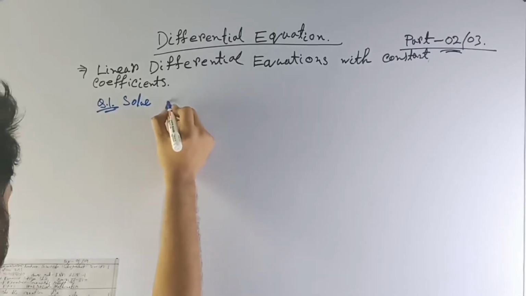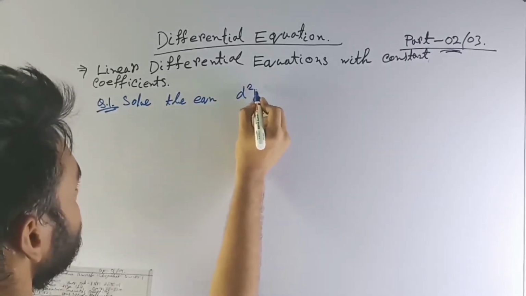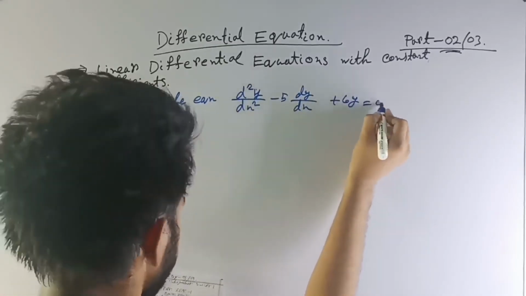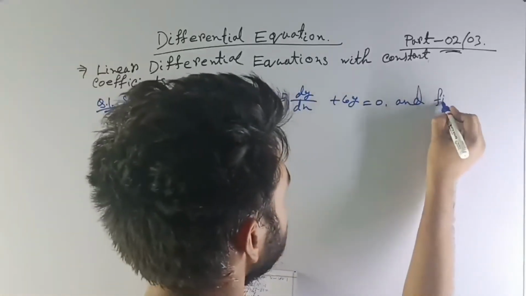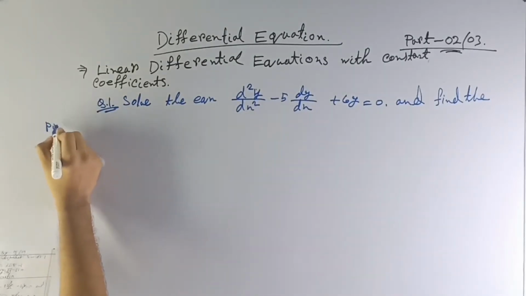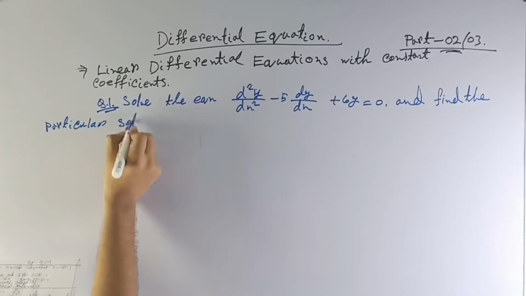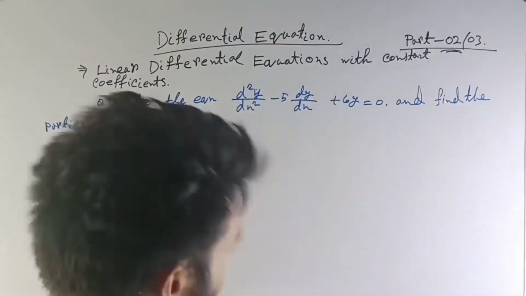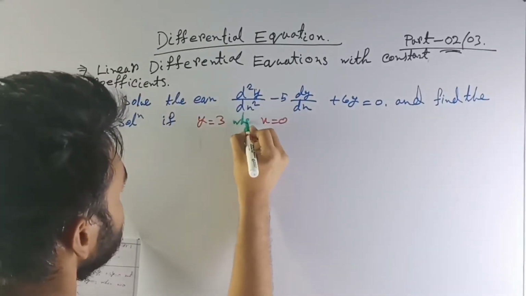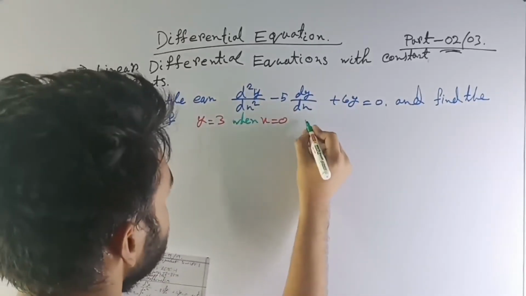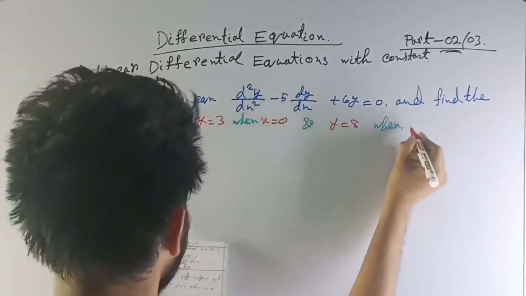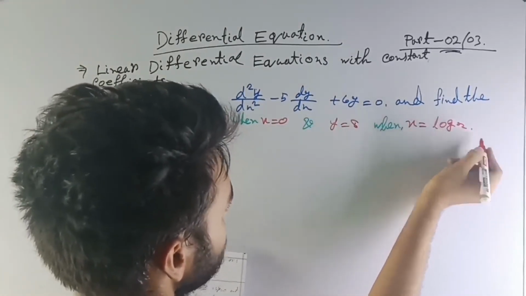So now take the first question: solve the equation d square y by dx square minus 5 dy by dx plus 6y equals to 0, and find the particular solution if y equals to 3 when x equals to 0, and the second condition is y equals to 8 when x equals to log 2.